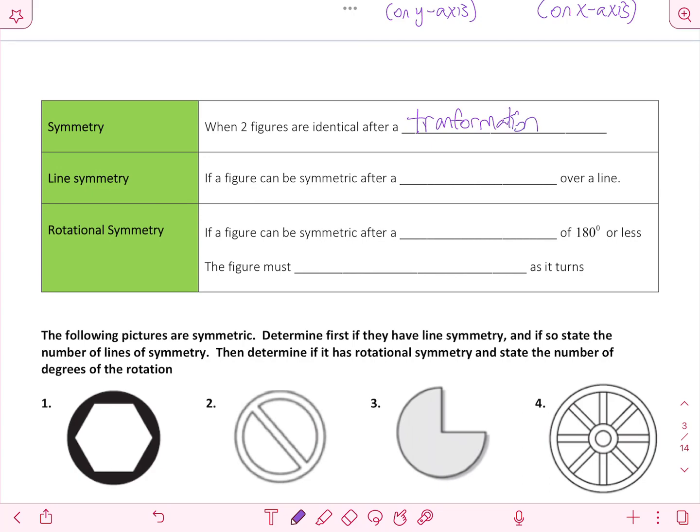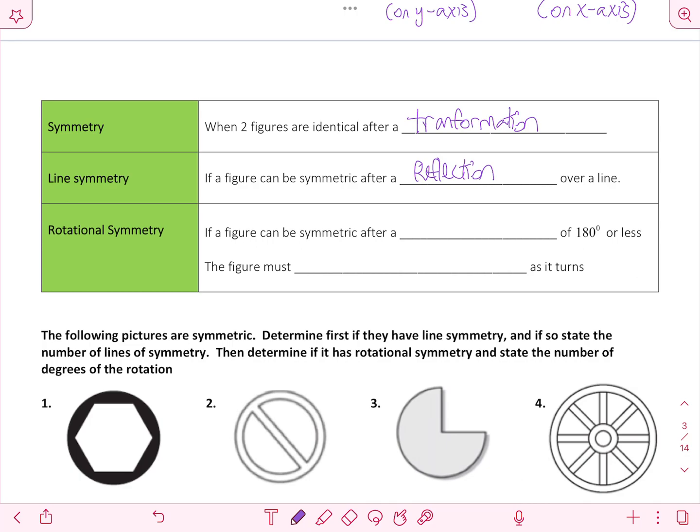If a figure can be symmetric after a reflection over a line, we know that we have a line of symmetry. Okay, so translations are not going to be symmetrical because there's not a line of symmetry, nor is there a rotational point. So symmetry is really reserved for reflections and rotations.